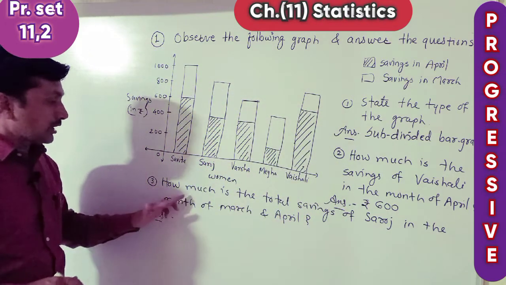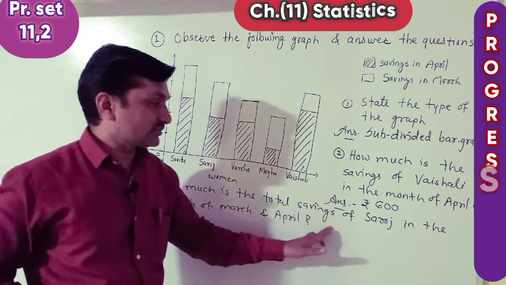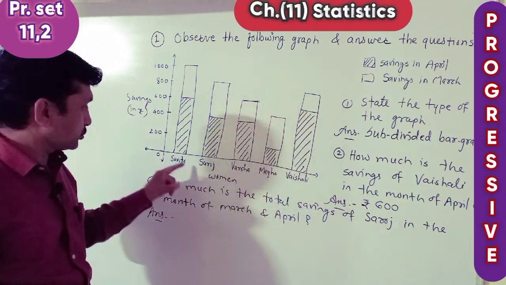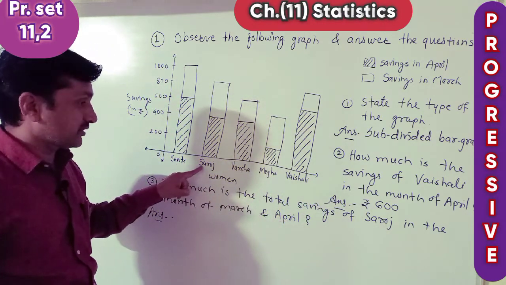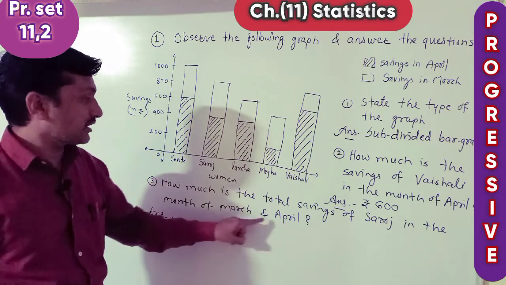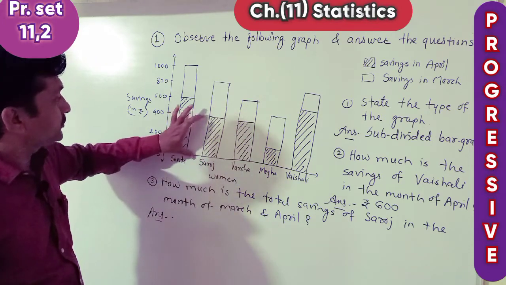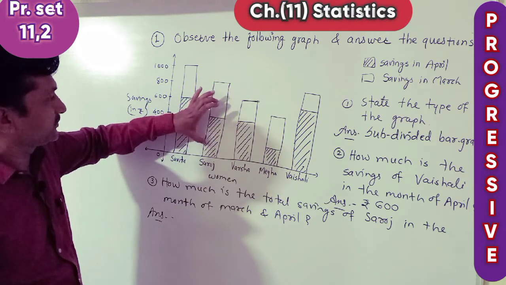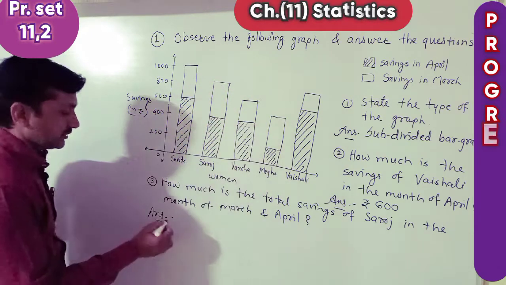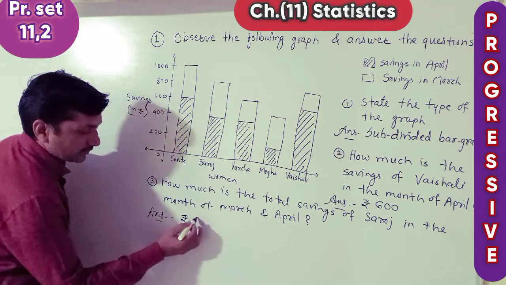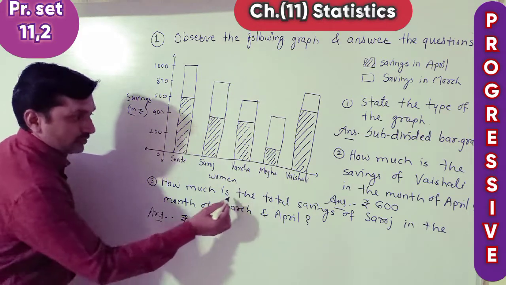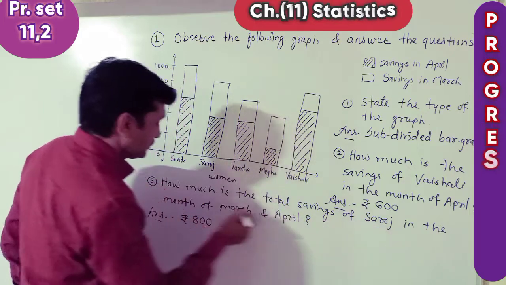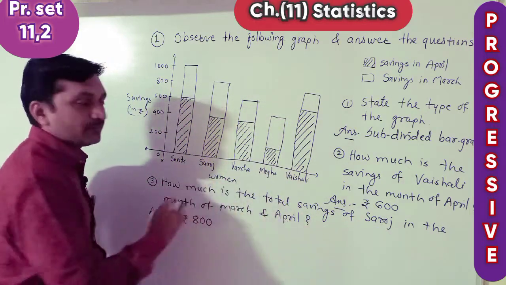Question number 3. How much is the total savings of Saroj? Here we need the total saving in the month of March and April. For Saroj, the total of both months is 800. Therefore rupees 800 is the total savings of Saroj in the month of March and April.